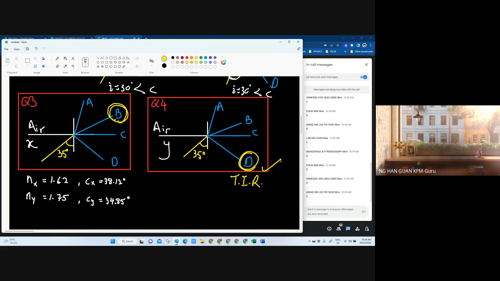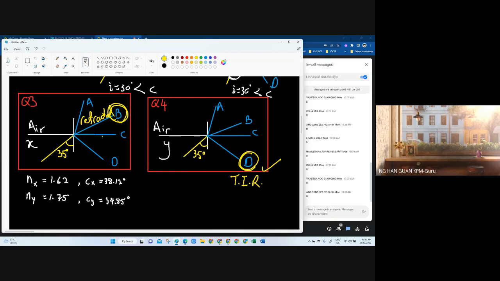Based on the same incident angle 35, medium Y has a higher diffractive index, it is the optically denser medium, with a smaller critical angle, so it easily occurs total internal diffraction. When 35 degree, Y is already total internal diffraction. But X hasn't yet, because the 35 degree incident angle is still less than the critical angle. So the light will still be diffracted.